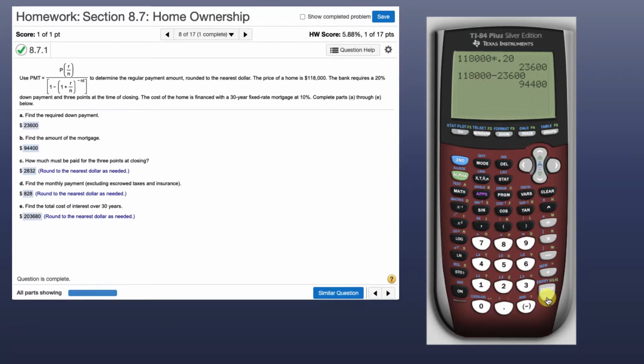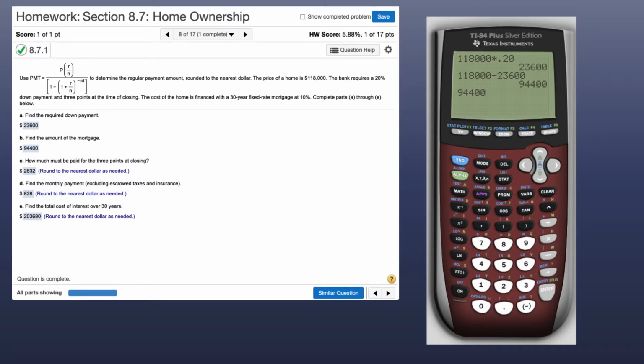Okay, so here we go. The next thing they ask us to calculate is the closing cost. And so 3 points at closing. So 3 points just means 3%, but that 3% is 3% of what you borrowed, right? I didn't borrow 118,000. Remember, I only borrowed 94,400.